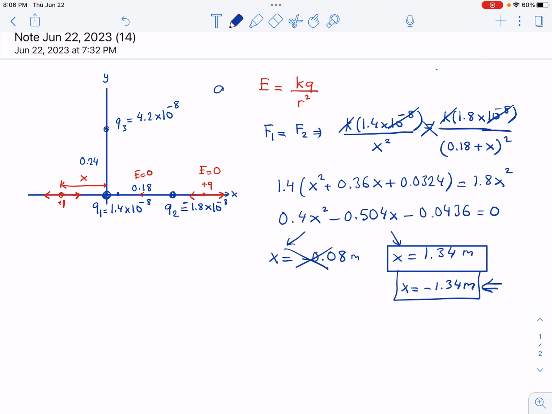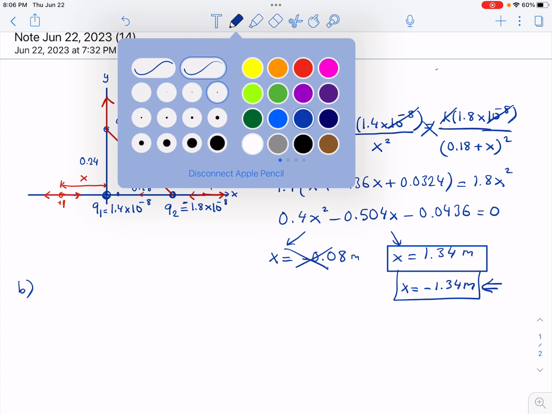Now for the B part, we have Q3 here. Q1 and Q3 are going to repel each other because they're both positive, and Q2 and Q3 are going to attract each other. We're going to have to find the resultant force.